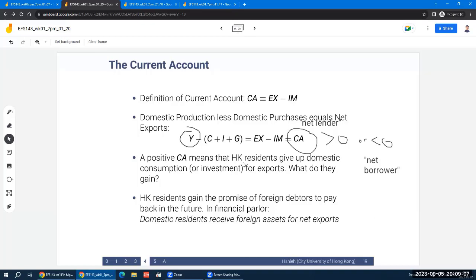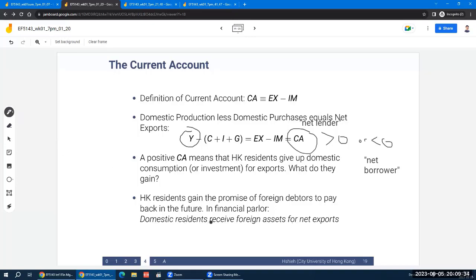All right, so in the example I gave you here, a positive current account means that Hong Kong residents give up domestic consumption or investments for exports. Any excess goods and services that they make, they don't consume themselves, so it's exported abroad. In return, they get the promise of foreign debtors to pay back in the future, in the form of future net exports from somebody else.